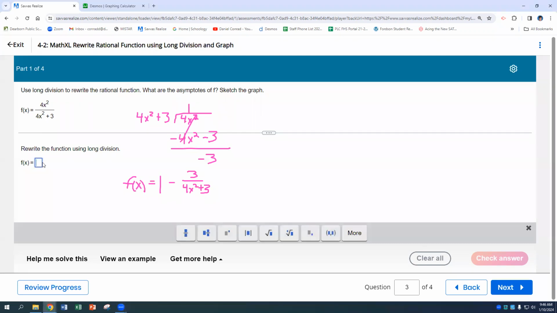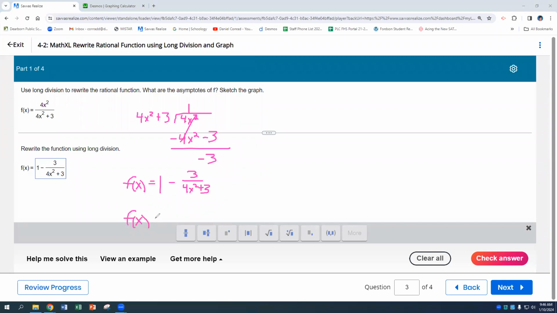Okay, so we're gonna put in 1 minus, and then 3 over 4x squared plus 3. Okay. Before we do that though, again, you can write it the other way too.